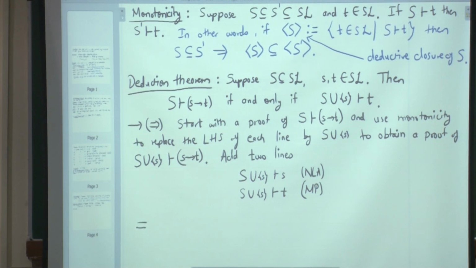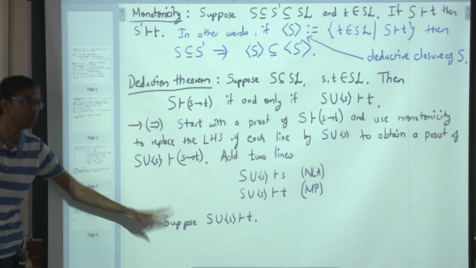Okay, the other side is what is more complicated. So suppose, I am going to start it today, S union singleton s proves T. So the idea here is that now you have a finite proof.